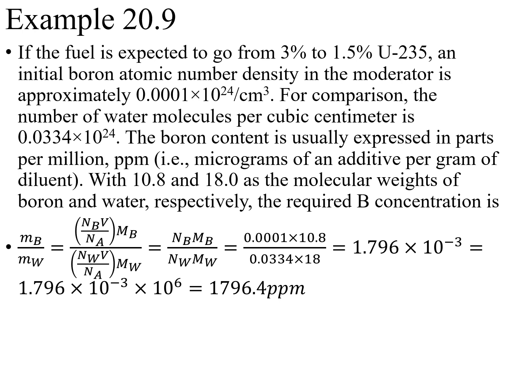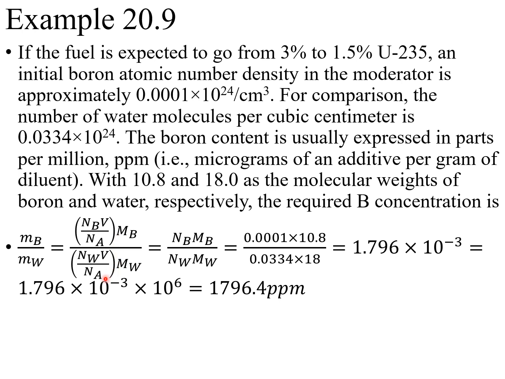The total number of atoms is the number density times the volume. Okay. The NB is this value, 0.0001 times 10 to 24, times the V, that is the moderator total volume, then over the Avogadro number, you get the total number of moles, then times the atomic weight, that's mass per mole, you get the total mass.